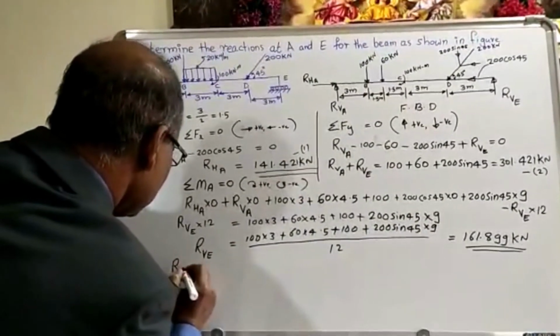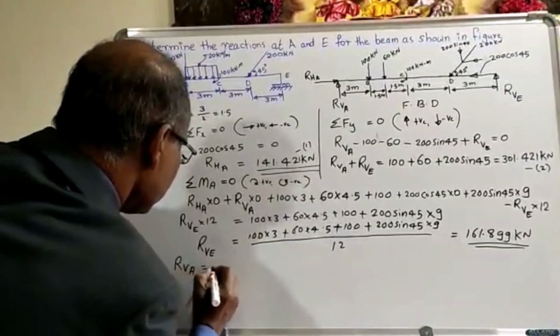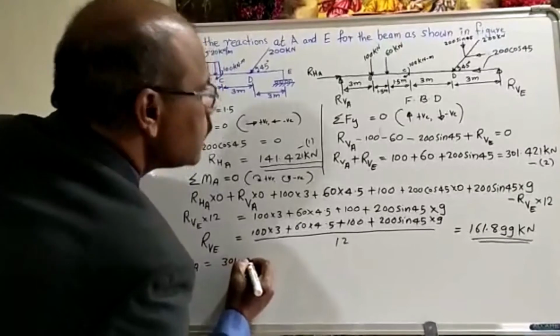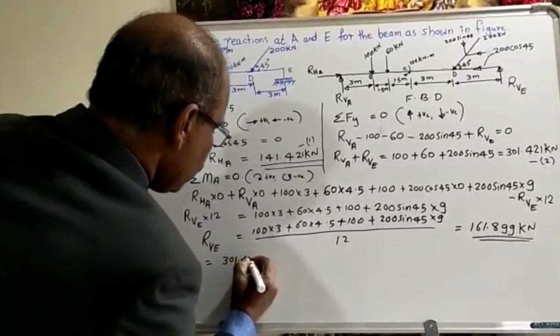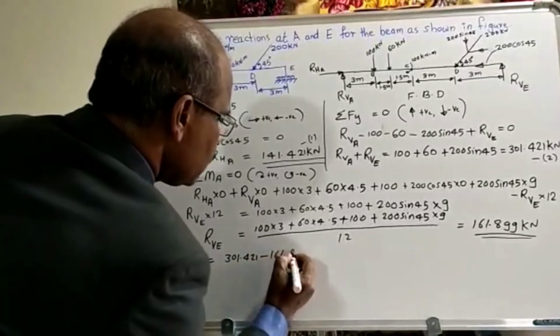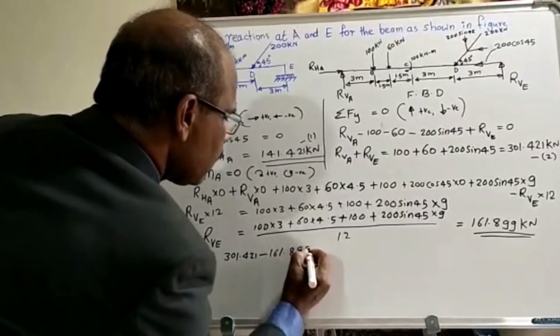So RVA is equal to 301.421 minus 161.899.